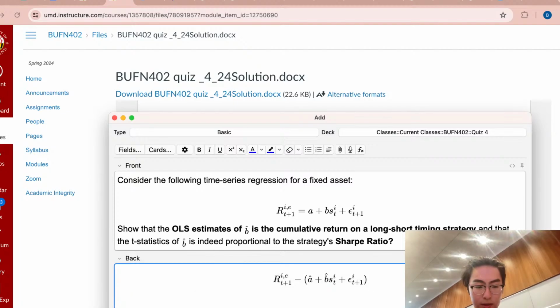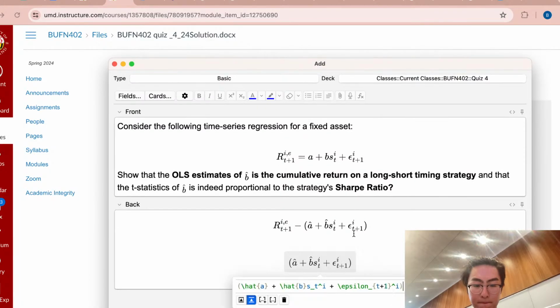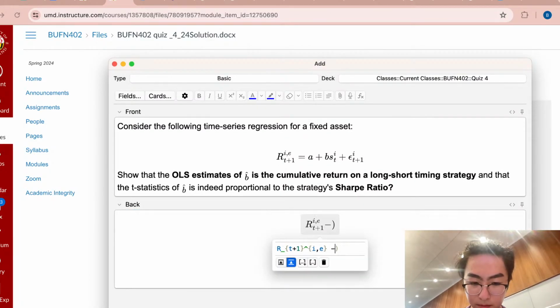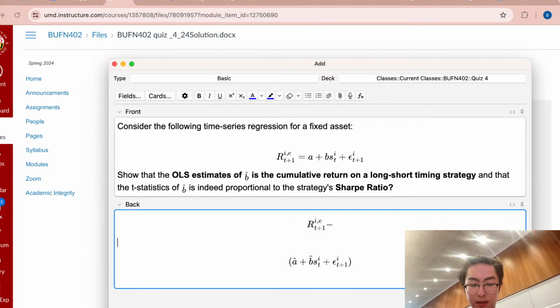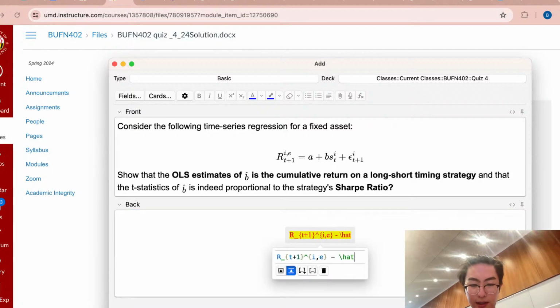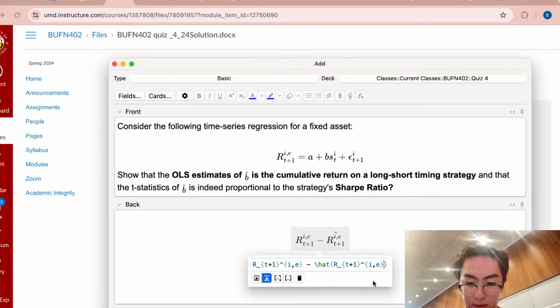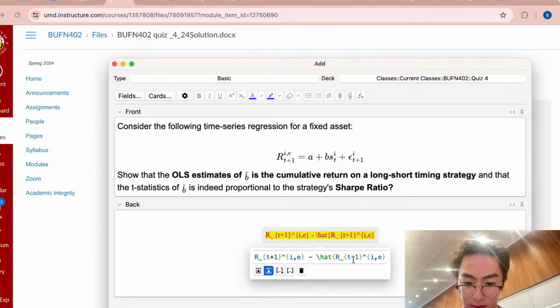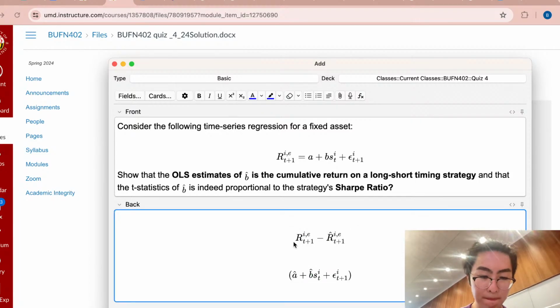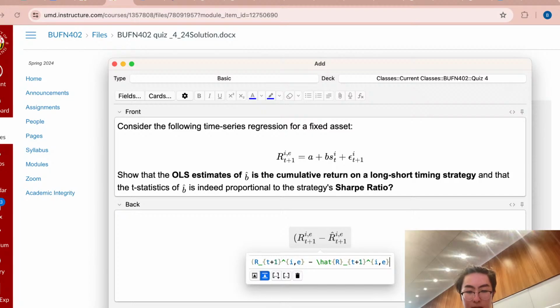Call this hat. There we go. And we want to square this, right?